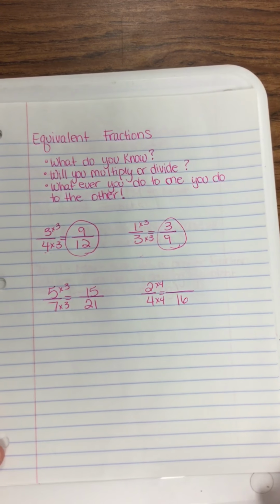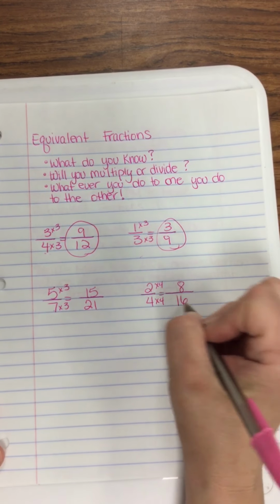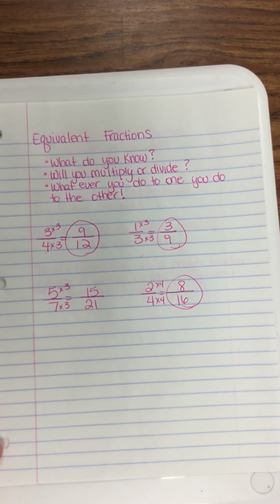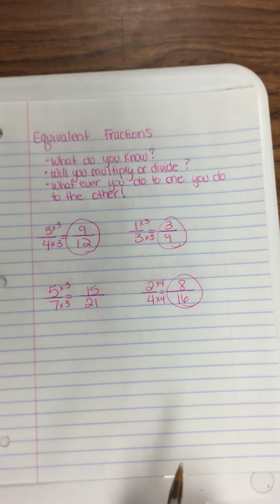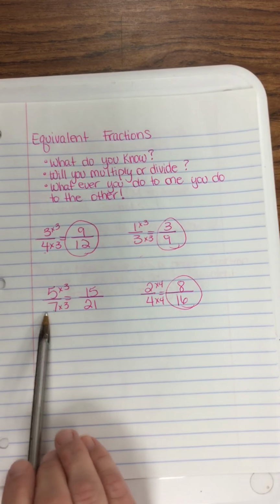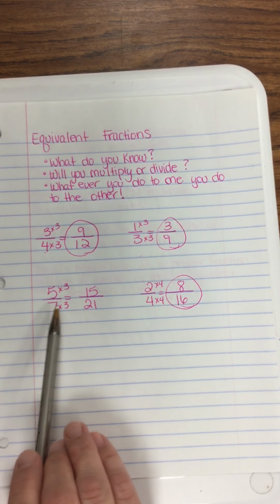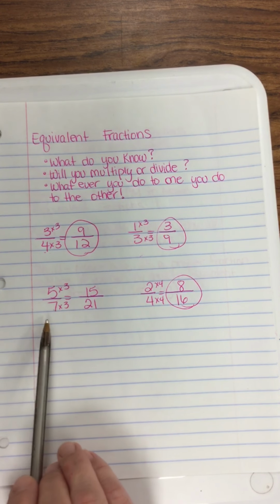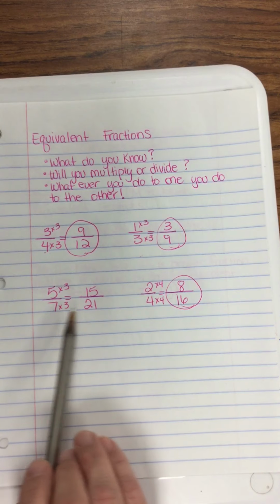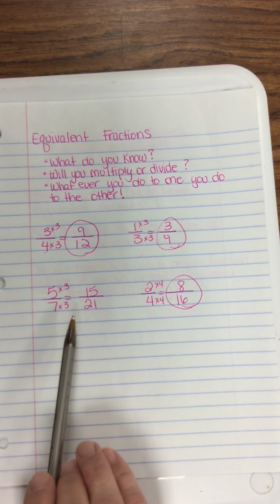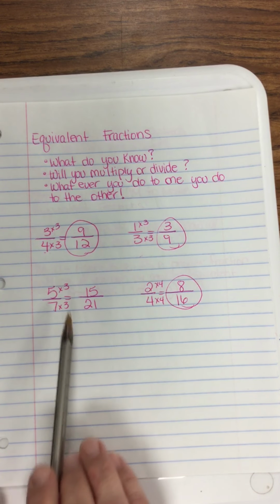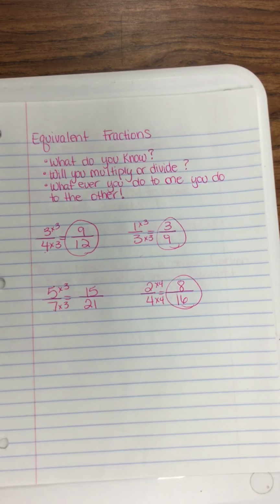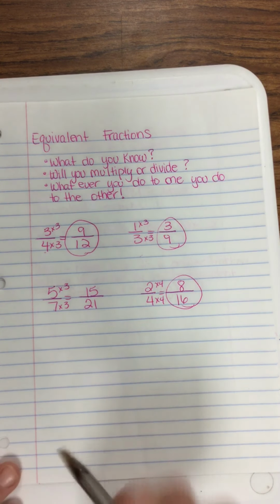On the numerator, 2 times 4 is 8. 8/16. Okay, so all you're doing is looking at what we know, and each time we knew that the denominators equaled each other. See how much they go up, so what you need to multiply by, and notice it's always multiplication. There can be division when you're reducing the fraction.